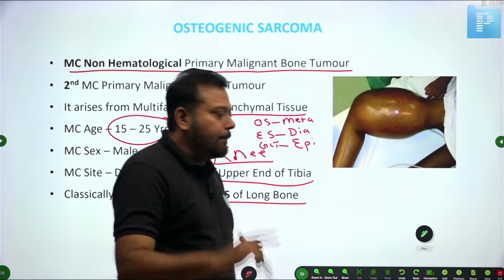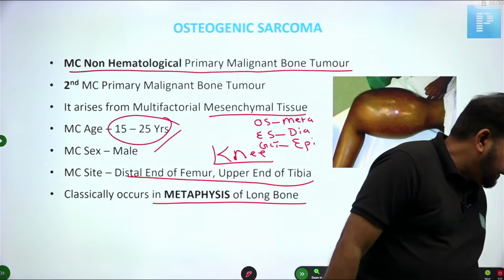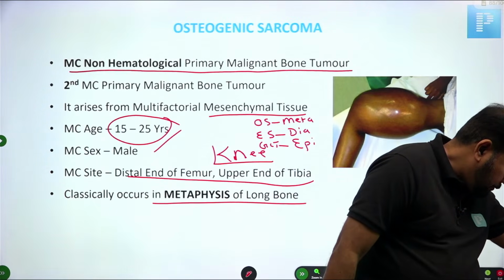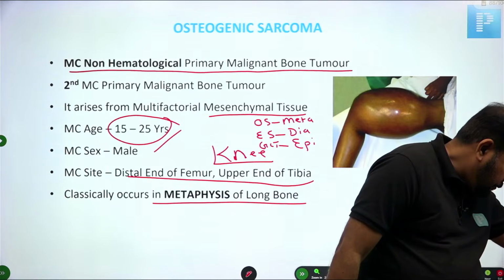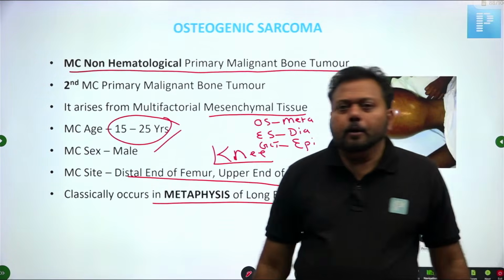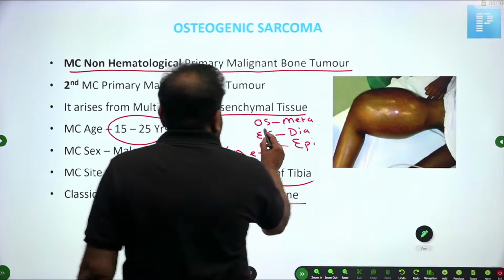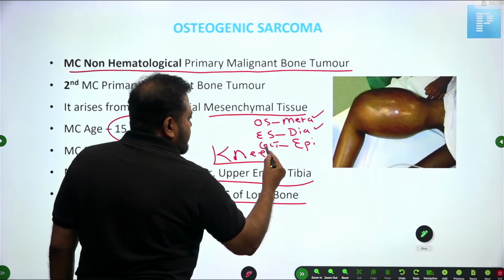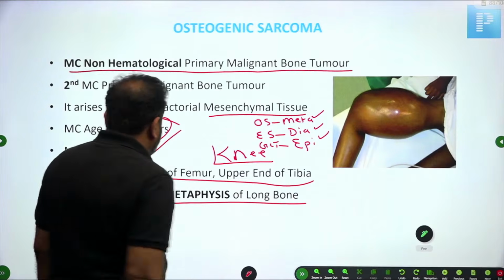Worth remembering this. So I repeat: osteogenic sarcoma, metaphysis; Ewing sarcoma, diaphysis; giant cell tumor, epiphysis.